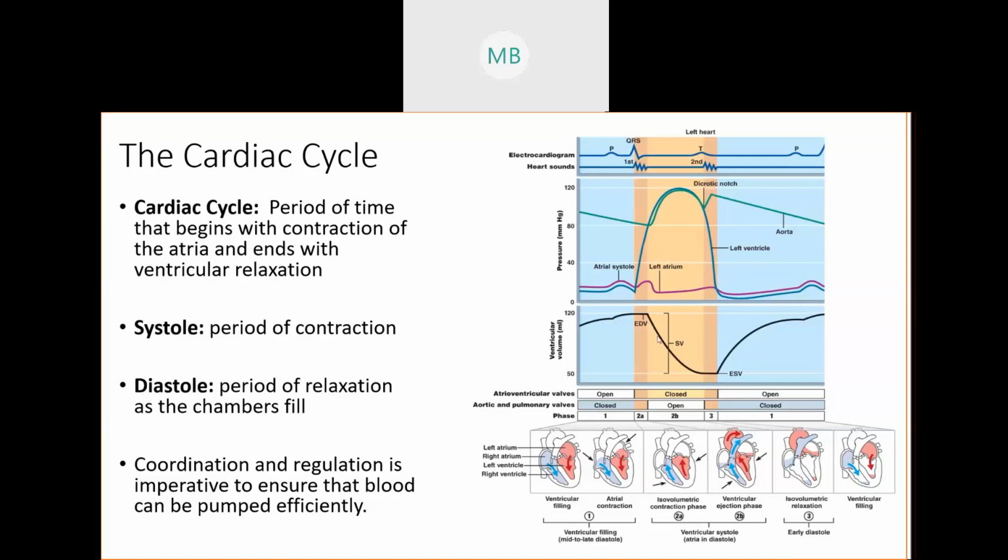So you have this change in volume between your end diastolic volume and your end systolic volume in your ventricles, with your stroke volume being the total amount of blood pumped from your ventricles. And here's how your pulse pressure reads. You've seen every one of these charts before. This is the picture that puts the whole cardiac cycle together.